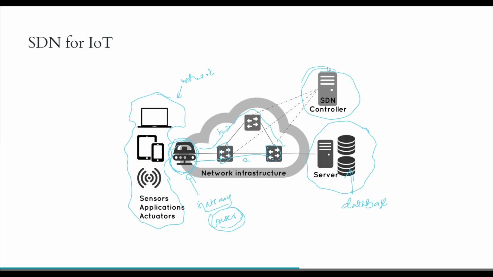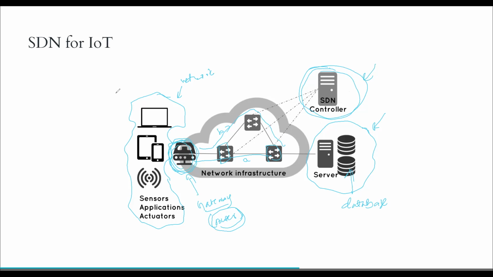The controller will decide based on the traffic in the network what is the best path of communication of data from one end to another end. So the SDN controller can be used in such a way for IoT systems.